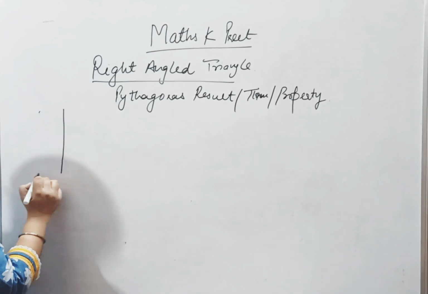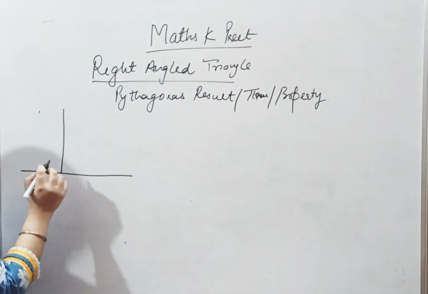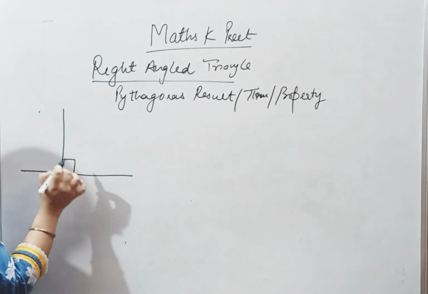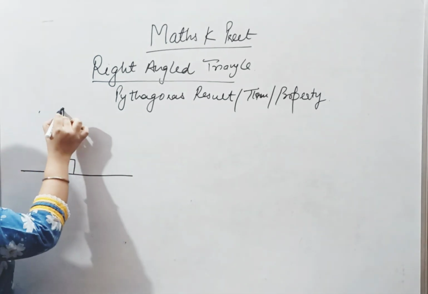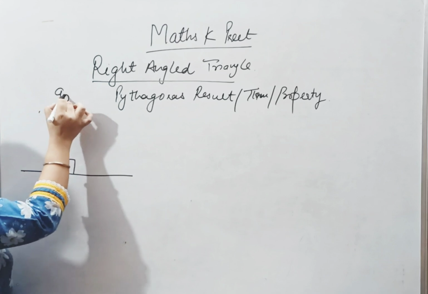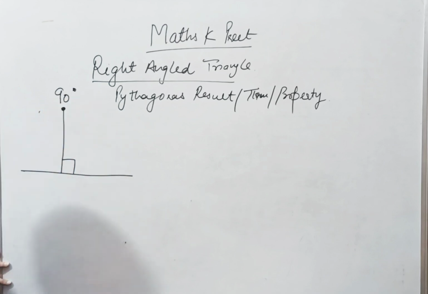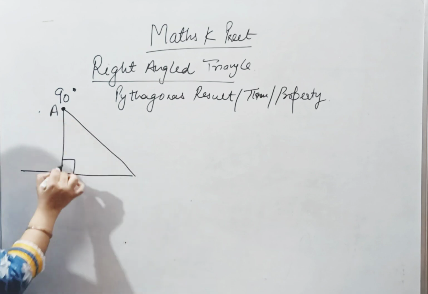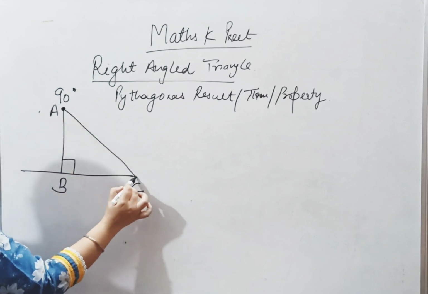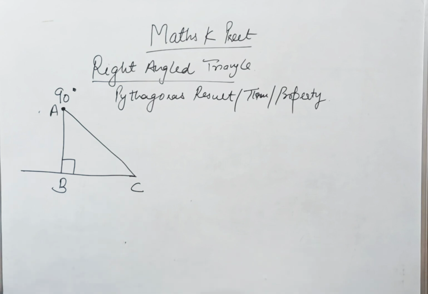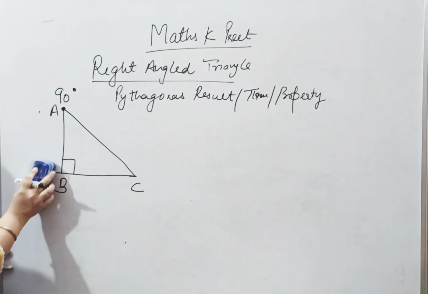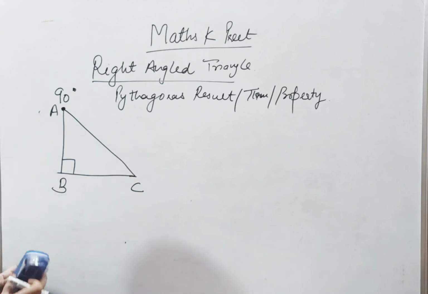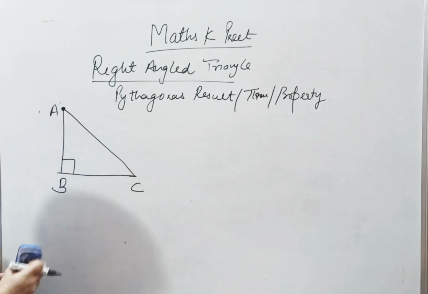So if I have this straight line, with our protractor we can measure the angle. Here we find in the protractor the angle is 90 degree. So if I draw a triangle like this, say A, B, C, so ABC is a triangle, now with a right angle, means the angle of 90 degree.